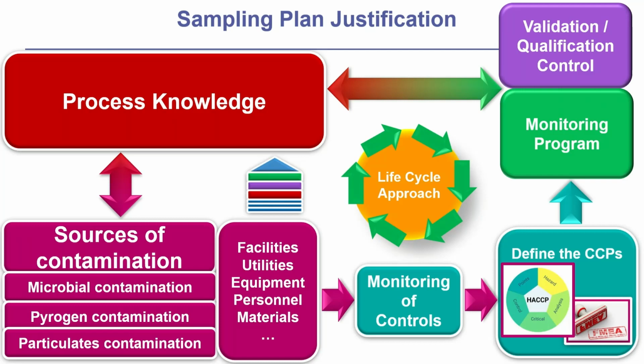The objective is to define the monitoring and control for the definition of all the critical sampling points. And at the top right, you have the direct connection of the contamination control with the qualification, control and monitoring program. And all that in continuous improvement with the life cycle approach of the contamination control strategy.